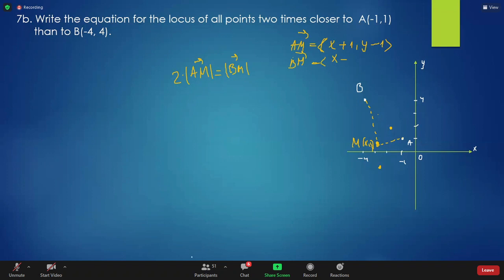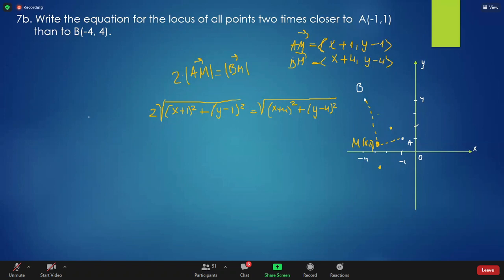And now we write the magnitude. So 2 times the magnitude of AM, the square root of (x plus 1) squared plus (y minus 1) squared, equals the magnitude of BM, the square root of (x plus 4) squared plus (y minus 4) squared. Now, when we square both sides, please remember that when we square 2, it becomes 4, and of course it gets multiplied by each of these squares.